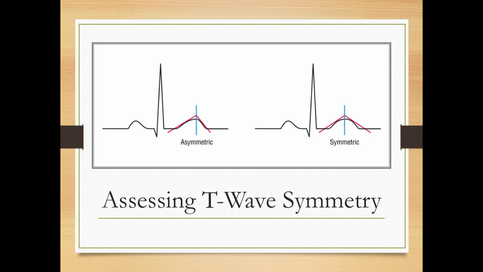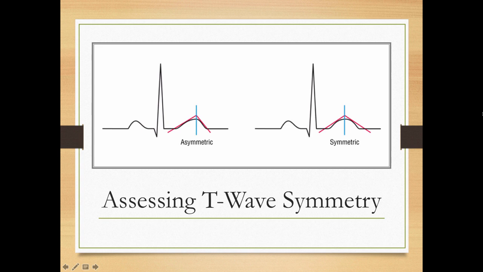Now, what do we mean by symmetrical? I should be able to take my wave at its peak and cut it in half. If it's asymmetrical, that's a normal T wave: I should have two different looking halves. With a symmetric T wave, if I cut it at its peak vertically, I have two equally looking halves, and that's not a good thing.